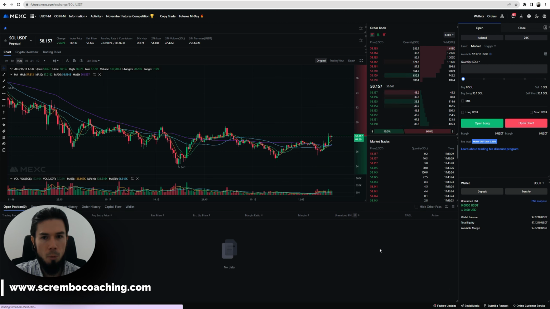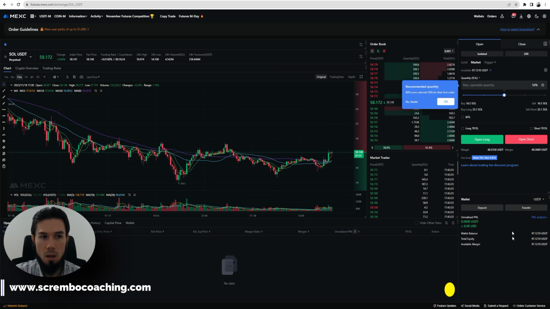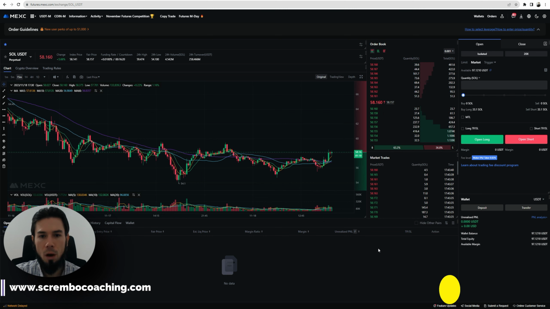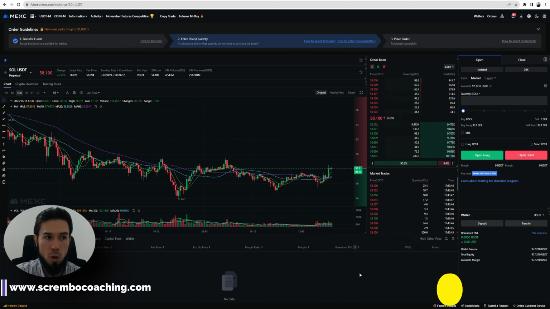Now, on the dashboard area of a page where trade can be executed, it is exactly where we are right now. I would like to give you a quick understanding and tutorial on how the whole platform works on a page of a futures trading perpetual contract under USDT.